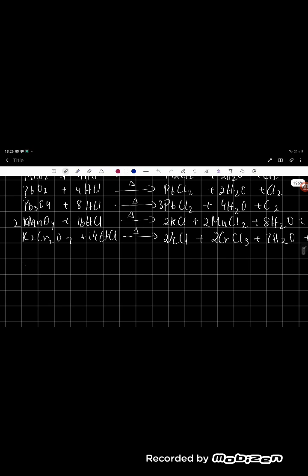Something you have to also remember is HNO3 plus HCl. Both are concentrated, and on reaction they will give you NO, which will give you NOCl, nitrosyl chloride, plus 2H2O and plus 2Cl.